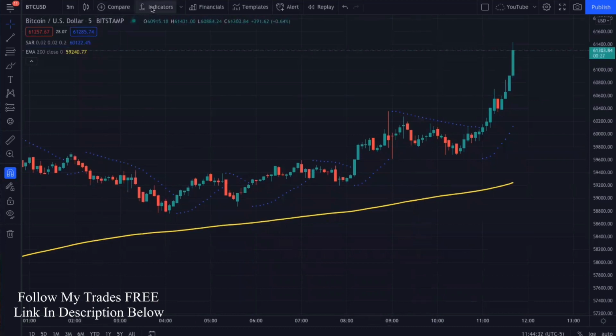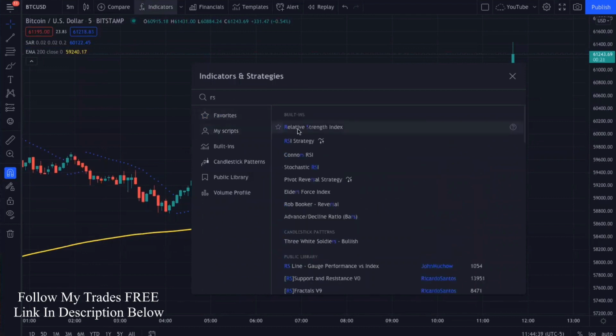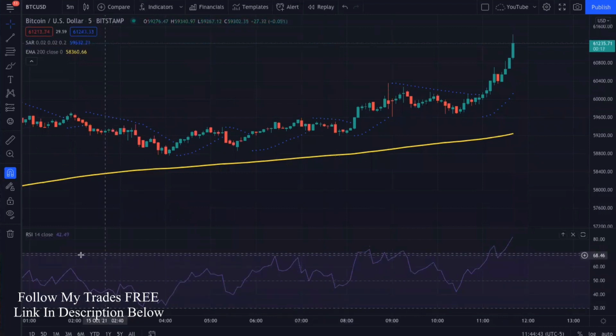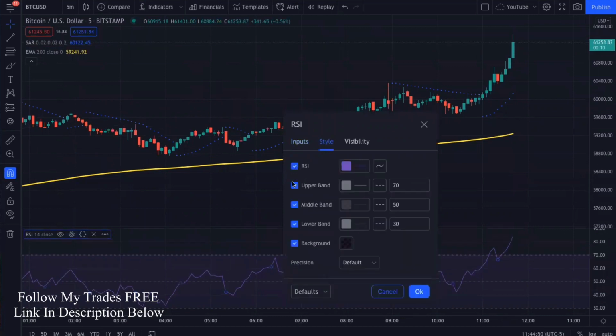And then the third thing we're going to add to this is the RSI, the Relative Strength Index. Here we're going to adjust this as well, where I don't want to look at colors.